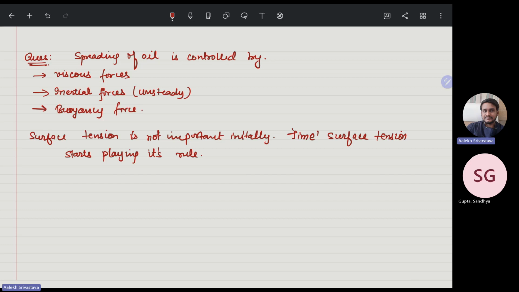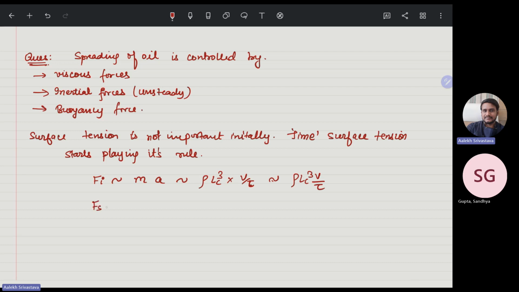What is the time? So we need to see, if you write for the inertial term, what is the order of magnitude? It is mass into acceleration. Mass is rho into Lc cube, I'm saying in terms of characteristic dimension, into acceleration, which is v by tau. So it is rho Lc cube v by tau.